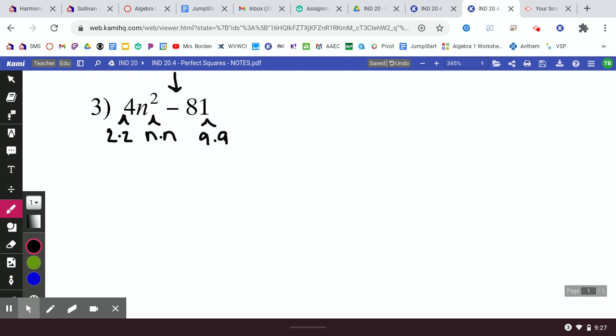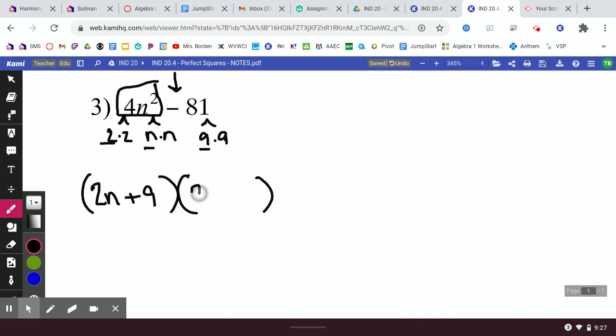So you still do this the same way, right? You still give yourself two brackets. And because the 4 and the n are together, your 2 and your n stay together. So 2n plus 9, right? I get that from there. And 2n minus 9.